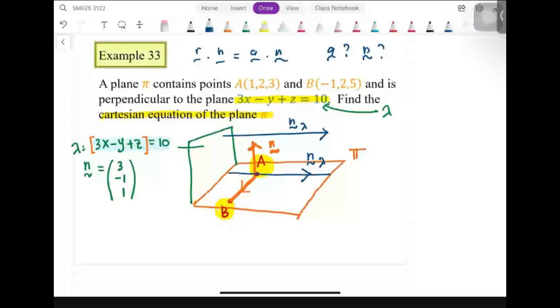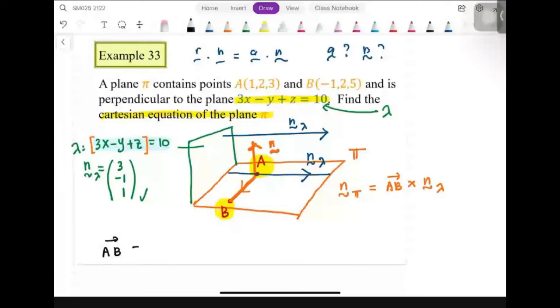We can conclude that now in order to find normal for plane pi, we must perform cross product between AB and normal for plane lambda. Alright, so normal for plane lambda, we already know from the equation just now, 3, negative 1, 1. But then direction vector AB kita tak cari lagi. So, itu yang saya buat sekarang.